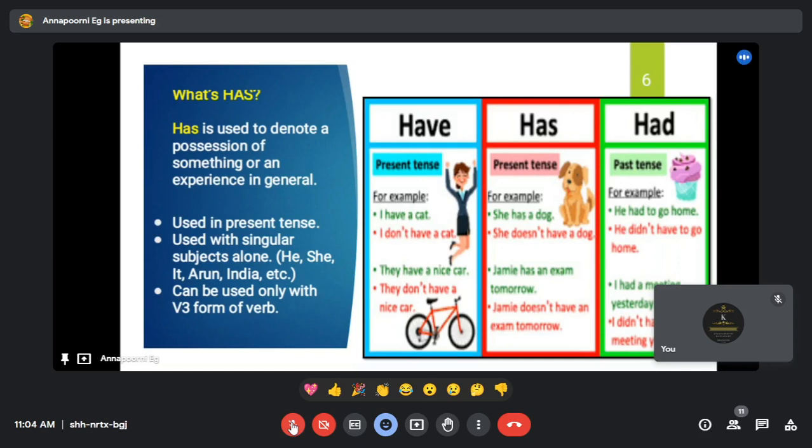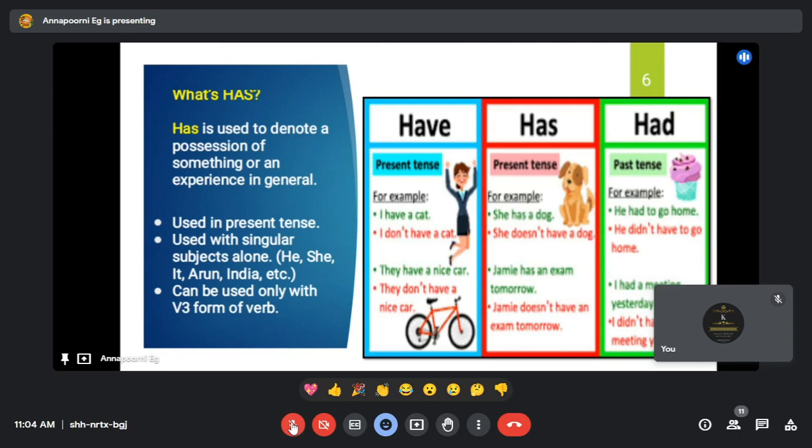Are you clear, guys? Yes, ma'am. These V1, V2, V3 forms will be there only for the main verb, like eating, sitting, standing. But the auxiliary verb will not have forms. Only a single form will be there.